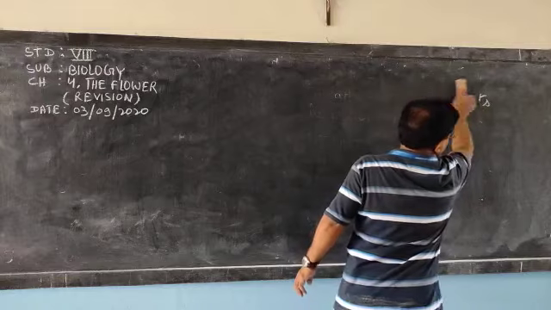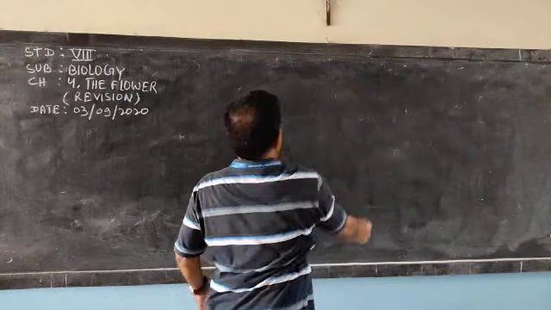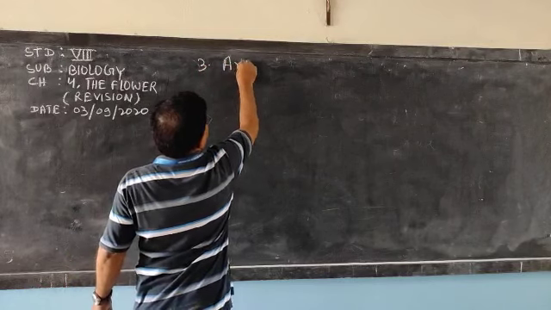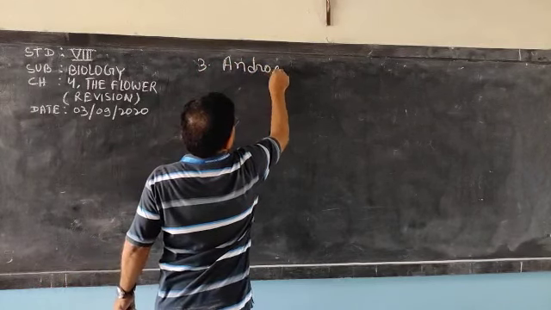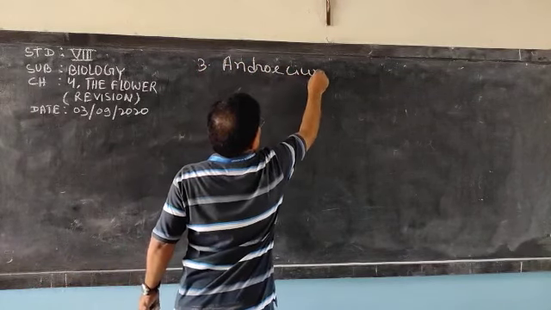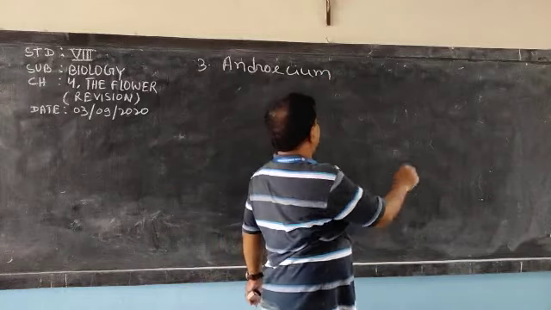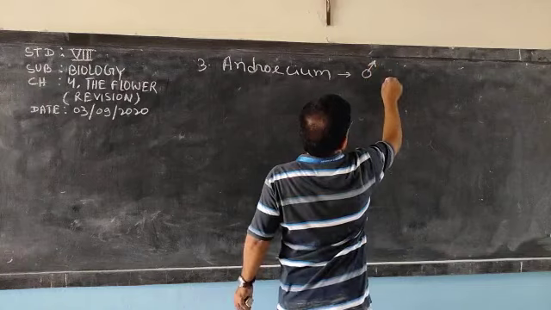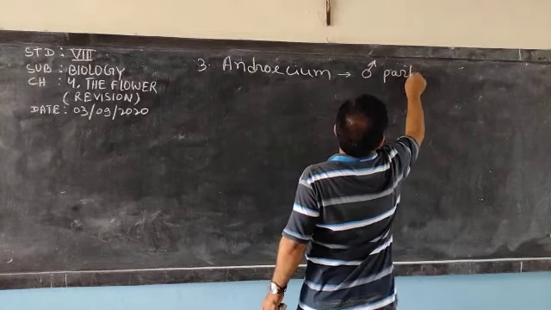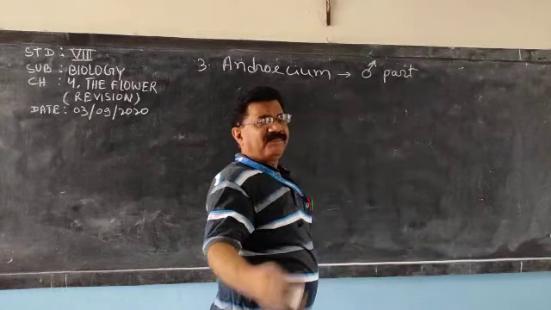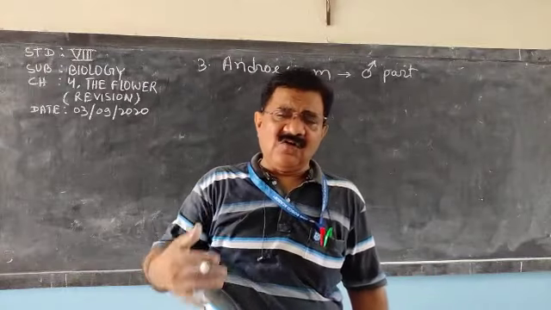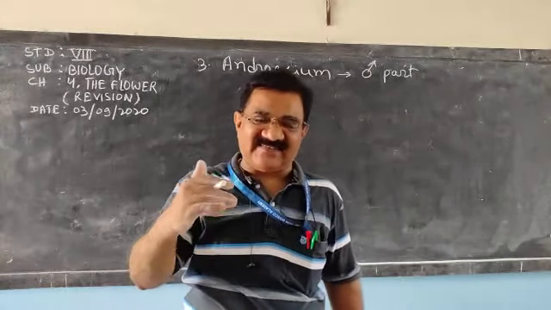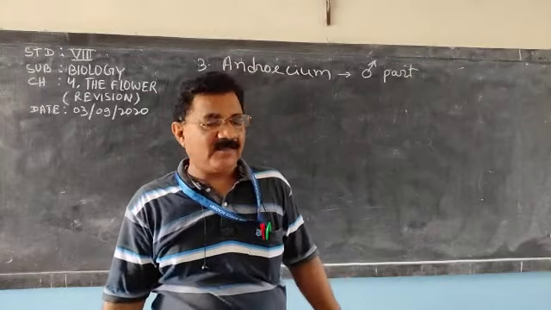Third one is the androecium, and it is the male part. Naturally, the function of the male part will be to produce the male gamete or male sex cell for reproduction.